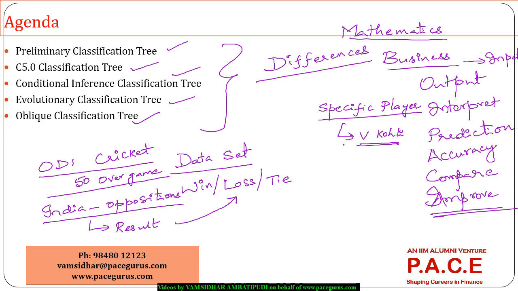So that is my sample size. So I am considering what is his contribution towards the win, loss or tie. Is he really influencing India winning, losing or tying a specific game?